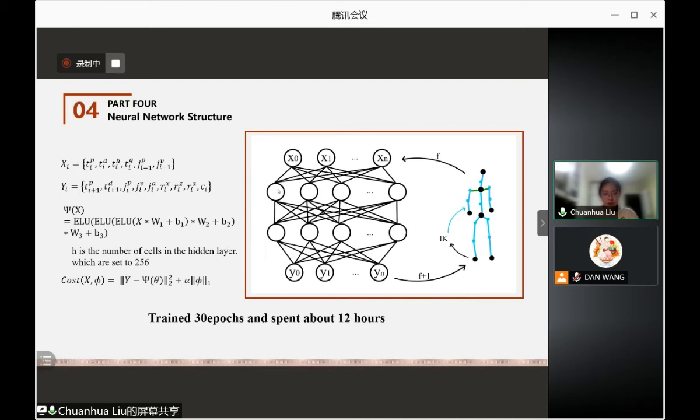We calculate with the neural network, and the output is the state of the next frame: the position, velocity, and angle of these seven key joints, the root position and angle on the ground of the root node, and the contact label.